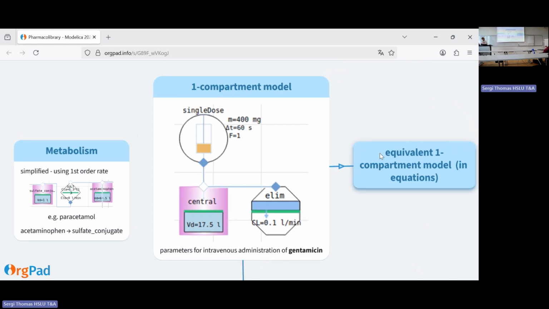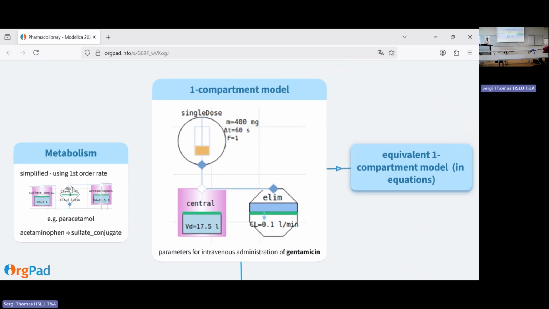So the most common model of drug pharmacokinetics is the one compartment model, and so there is a single dose which is distributed equally into some central compartment. The central compartment means that it is blood and probably some tissues, but almost ideally distributed.